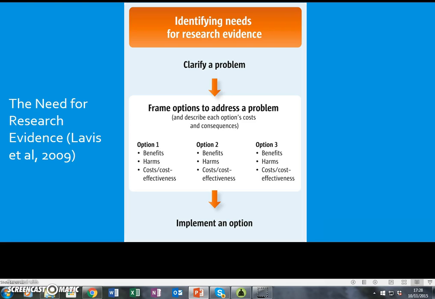Then we frame the available options to address the problem, looking at the costs and consequences of each option, and these options will differ according to the context in which we're making the decision, and then we use a combination of local knowledge and evidence from research to inform the option that we select and to plan how we're going to implement the option.